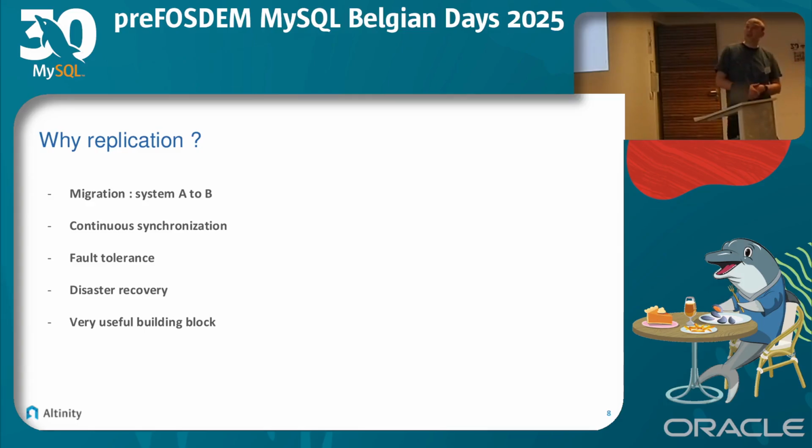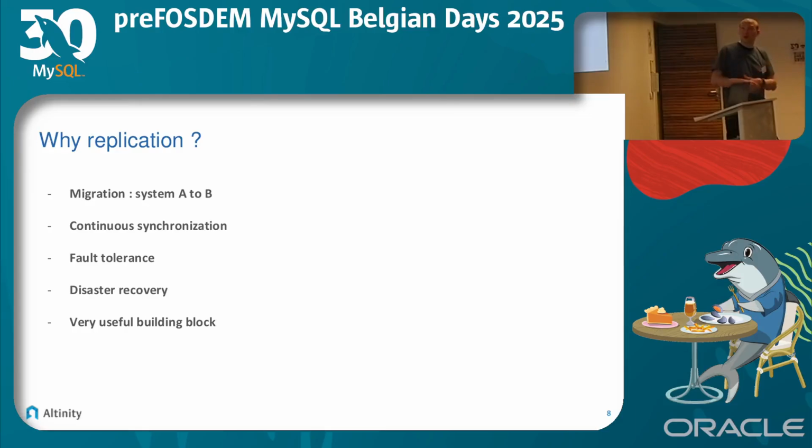Another use case is if you want to continuously synchronize between them. For example, you want to do OLTP in MySQL and OLAP in ClickHouse. You can run this process forever, and then you will have decent analytics on ClickHouse, which you cannot really have easily in MySQL. And I'll show some examples.